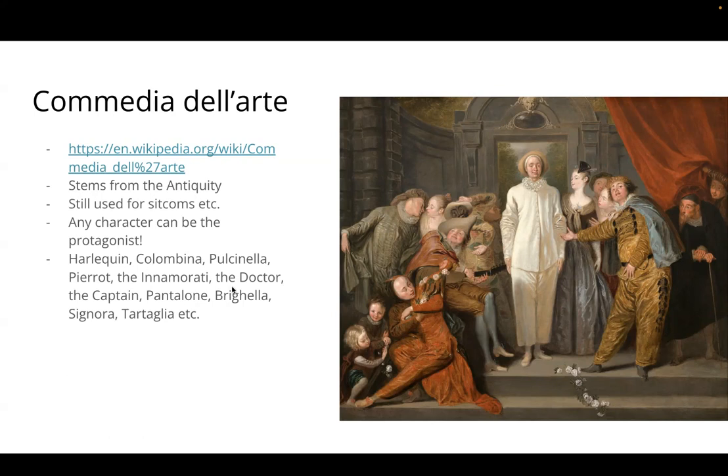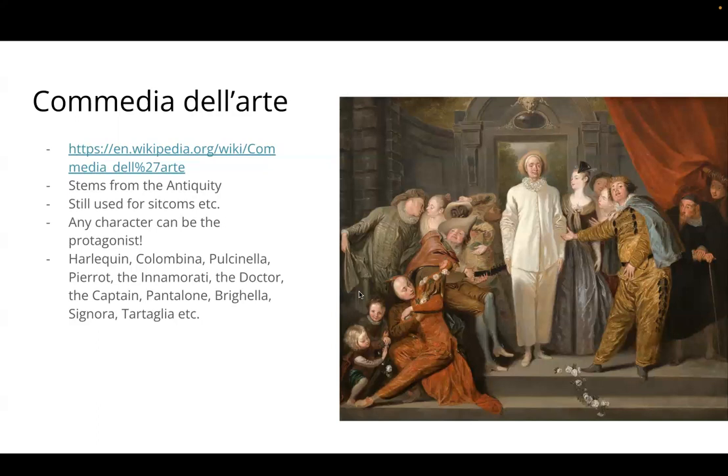But then, for instance, Brighella is a criminal and a thief, and if he's a servant character, then he's a thieving servant, and maybe he's also trying to take Colombina from Harlequin. So there are many triangles that can be used here.